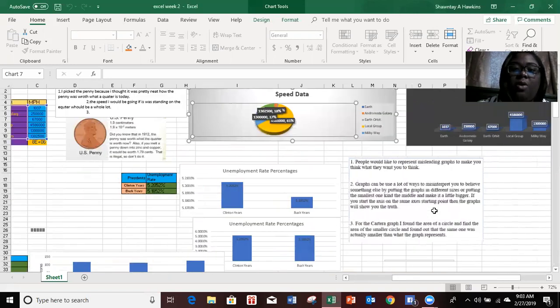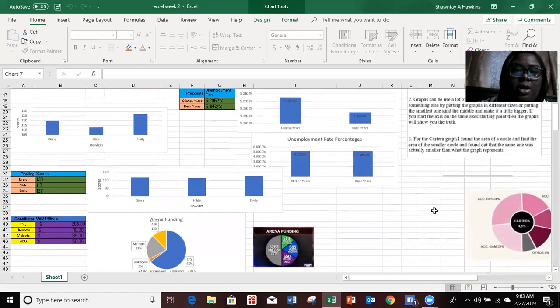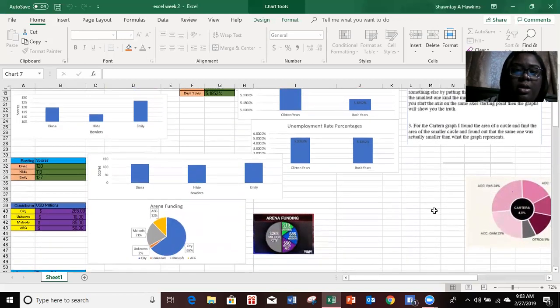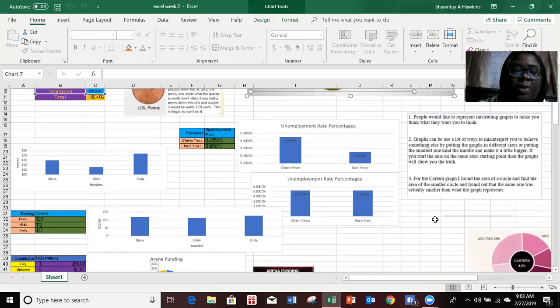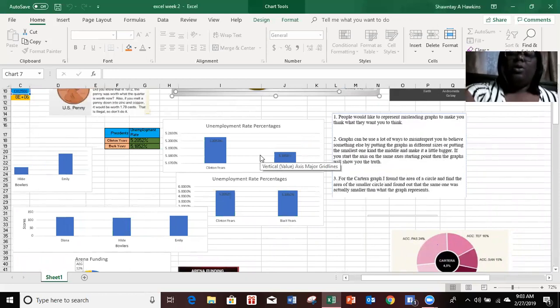And then also we have number two here. That's where we basically talk about the presidents and the unemployment and basically how they make graphs today to make you believe what they want you to believe. Because as you can see here, these graphs are two different things on this one.